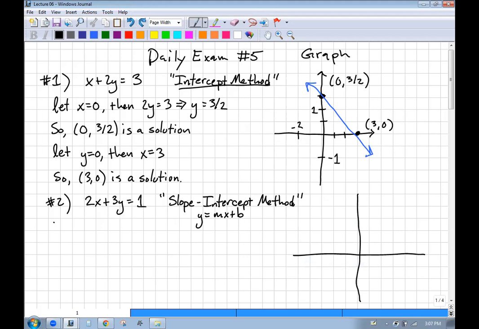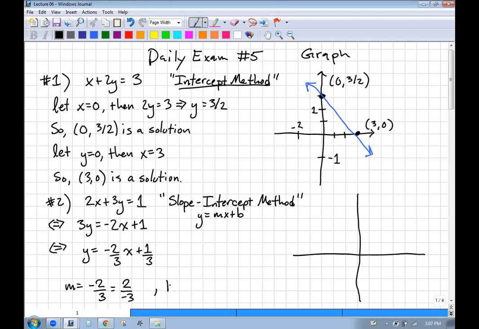So let's see. This equation is the same as if I subtracted 2x from both sides. And that's the same if I divided both sides by 3. Okay, so I could see here my slope is -2/3, which could also be written with the minus on the bottom.